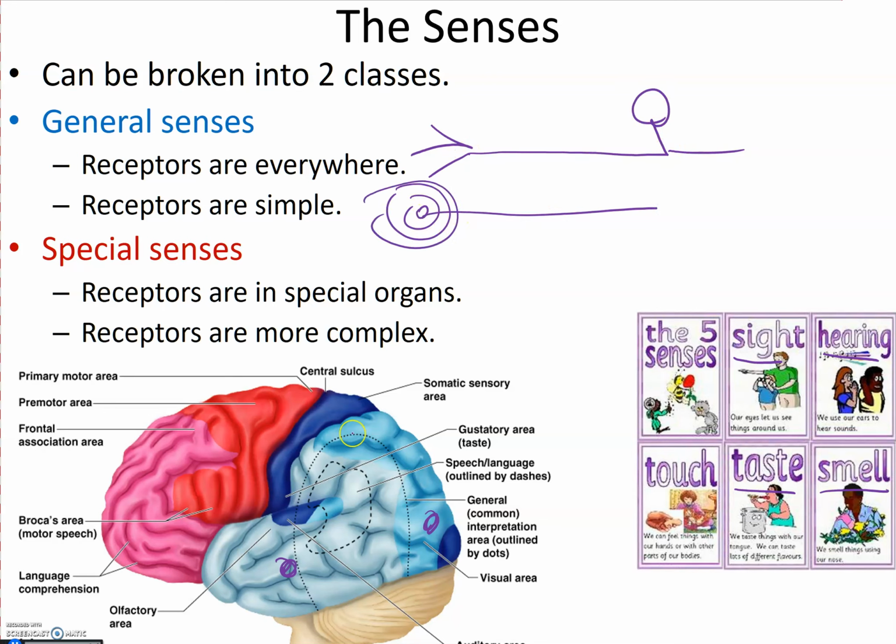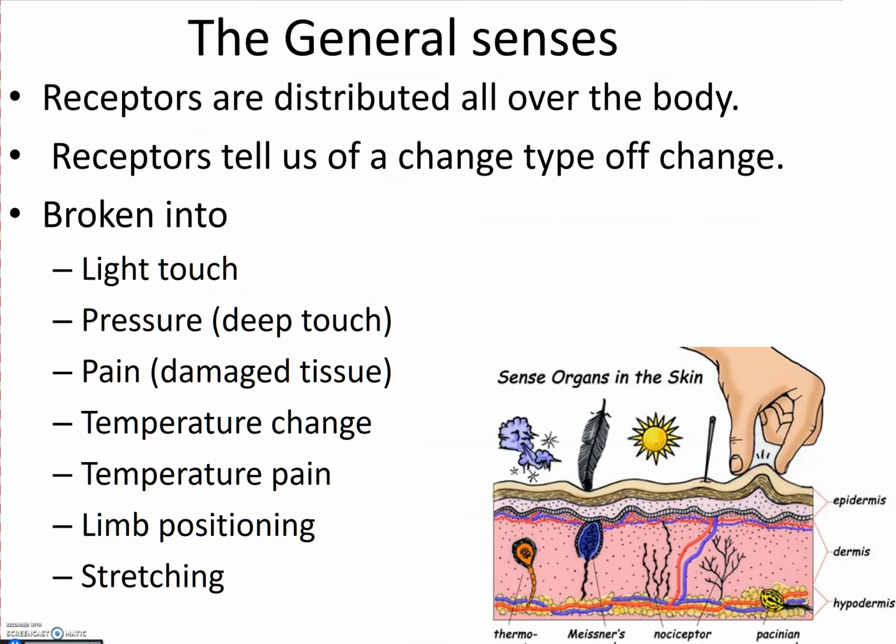Now, the general senses go to this area of the brain right here. Remember that area? Its central sulcus is behind it. This is the postcentral gyrus. So, the general senses include light touch, deep touch, pain, temperature, limb positioning, stretching. I think my kindergarten teacher lied to me. There's a few more than 5 senses out there.